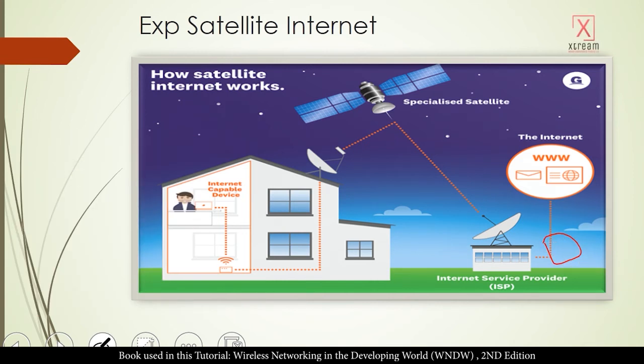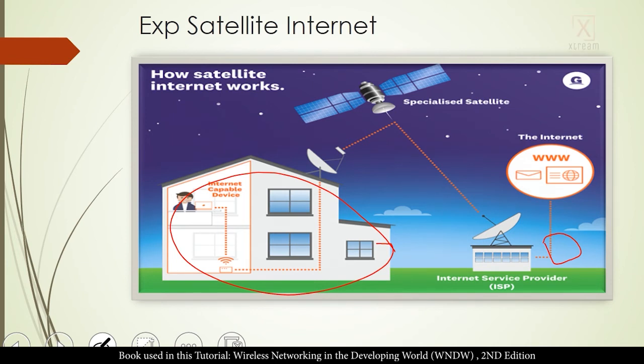This is the internet service provider which provides internet, but let's say this is a home, or an area which is far away from the ISP, and the ISP cannot install wires and other physical objects to provide internet to the houses.